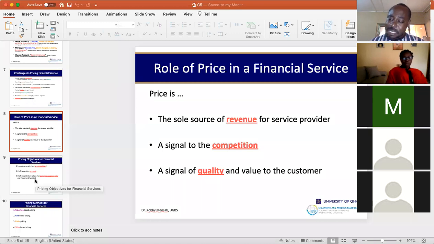Now, once you have established that itemized costing, then the question is: is your product a very unique product that people will be prepared to pay extra for, or is it just like everybody else's? Are you with me?